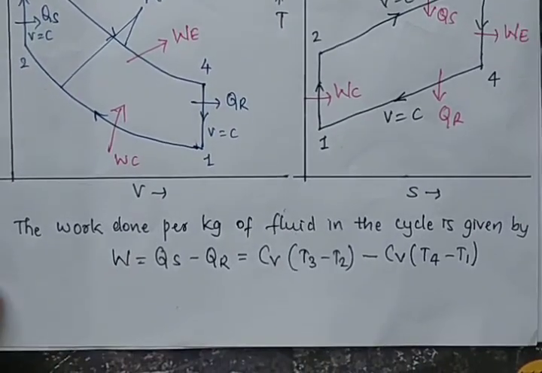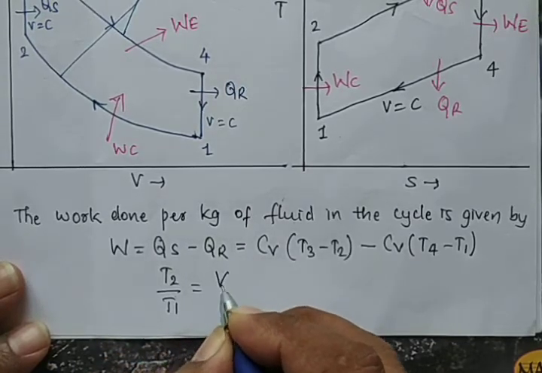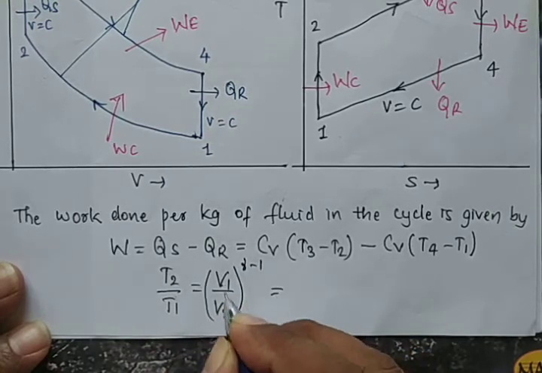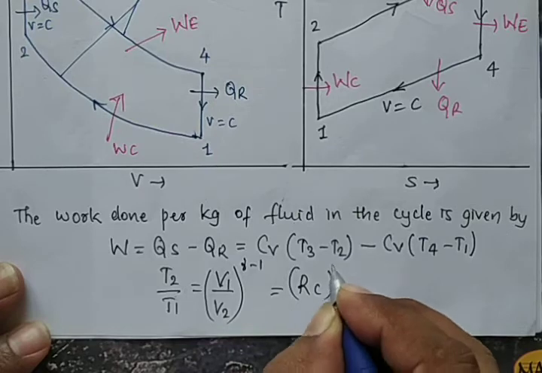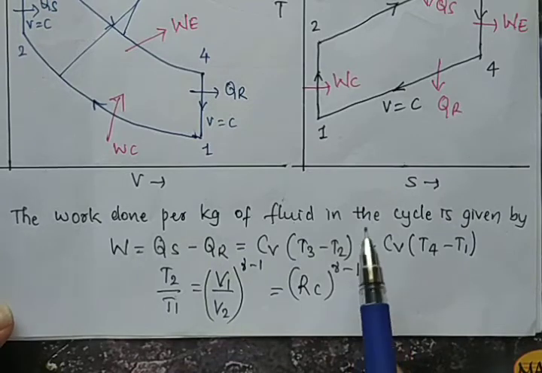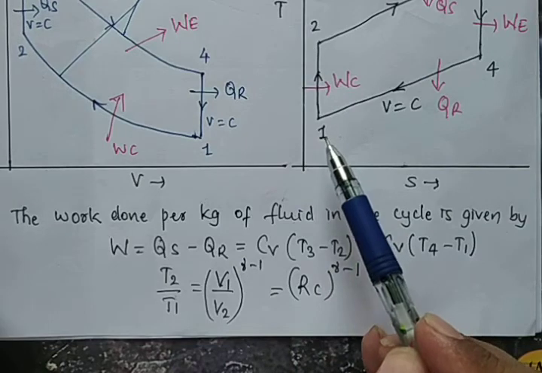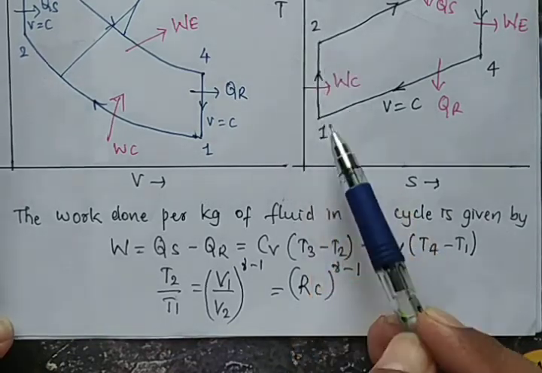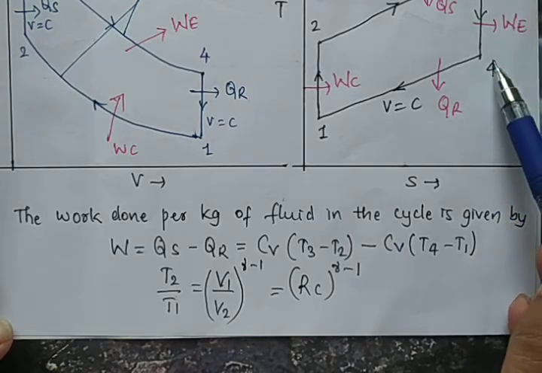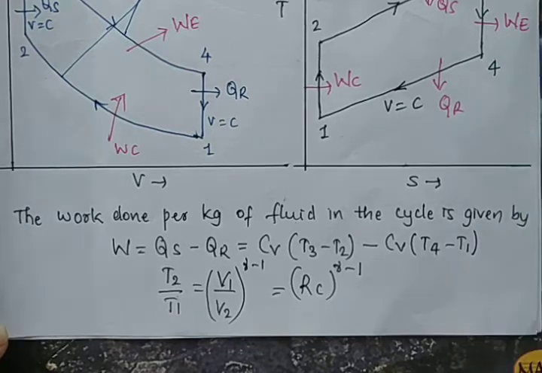And we know that T2 by T1 is nothing but (V1 by V2) to the power gamma minus 1. So what is V1 by V2? It is rc. So this thing we know. So we can write, during the isentropic compression process 1 to 2, what is the value of T2 in terms of T1? Similarly, during the isentropic expansion process from 3 to 4, we can write T3 in terms of T4.